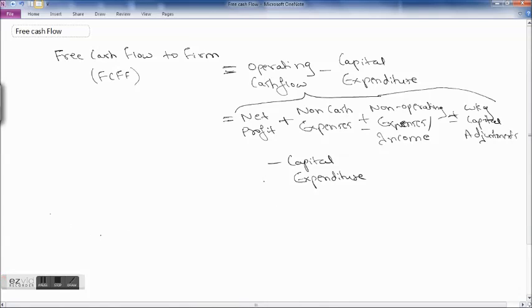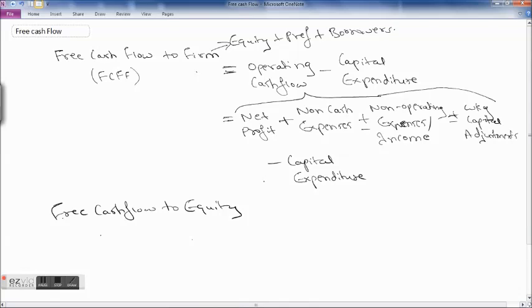Now free cash flow to the equity. The firm includes your equity shareholders plus preference shareholders plus your borrowed funds, so borrowers also.